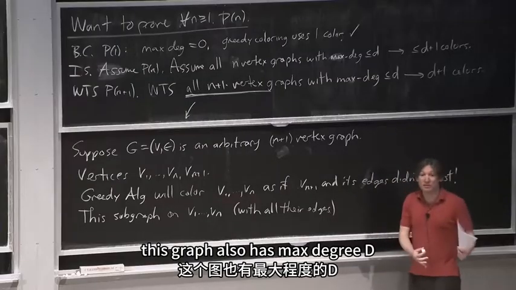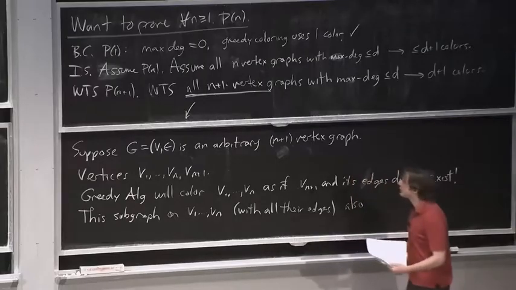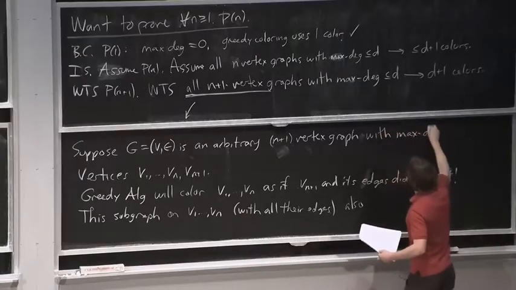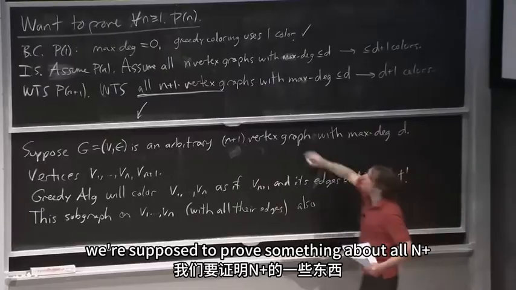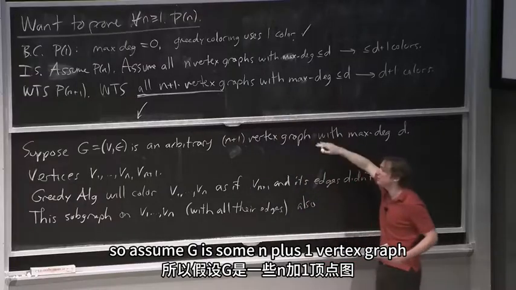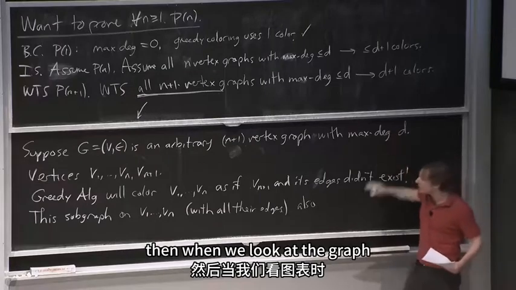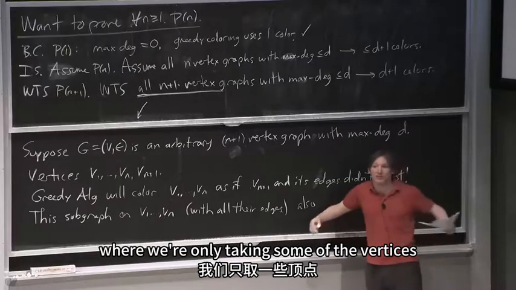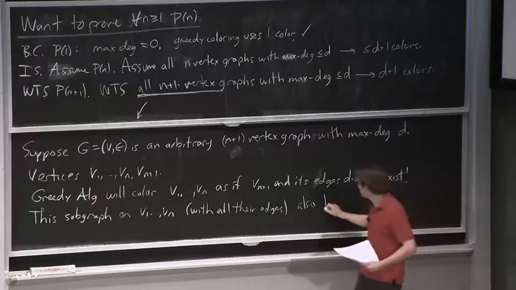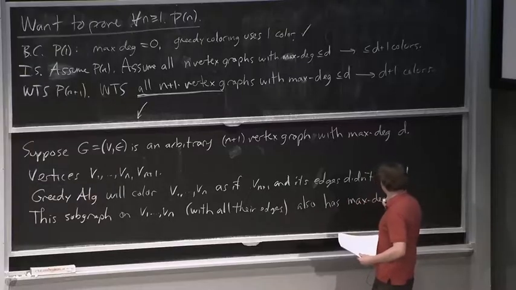This subgraph also has max degree d. We're supposed to prove something about all n plus 1 vertex graphs with max degree d. So assume G is some n plus 1 vertex graph with max degree d. Then when we look at the subgraph, where we're only taking some of the vertices and some of the edges, well, degree can't go up when you do that. So this subgraph also has max degree at most d.